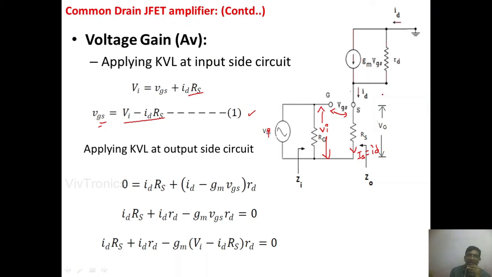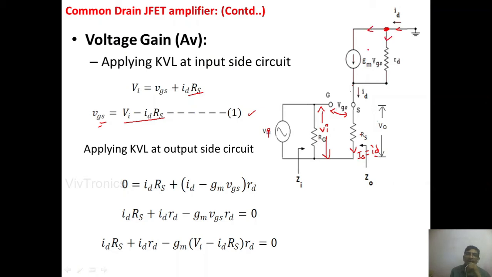Applying KVL at the output side circuit, there is no voltage source here, so 0 is equal to ID into RS. Here the current in this RS resistance is ID, therefore ID into RS plus (ID minus gm VGS) into RD, because the total current here is ID and this current splits into two parts.